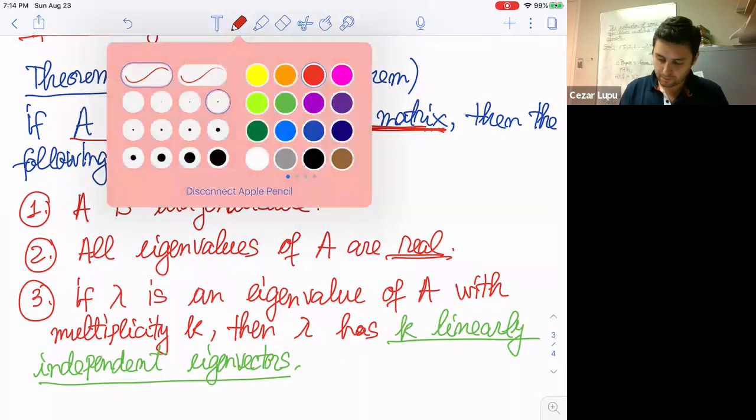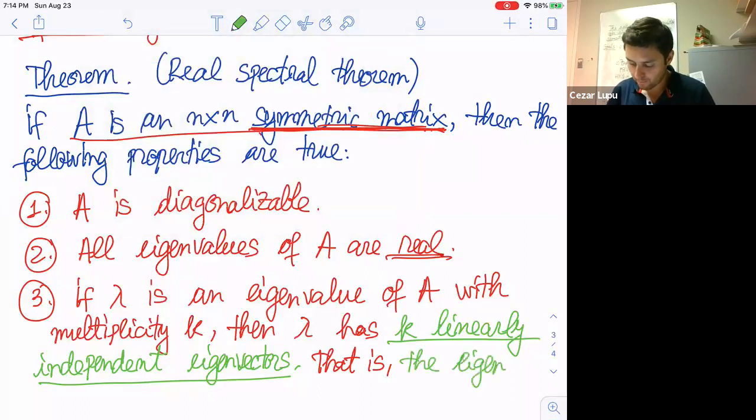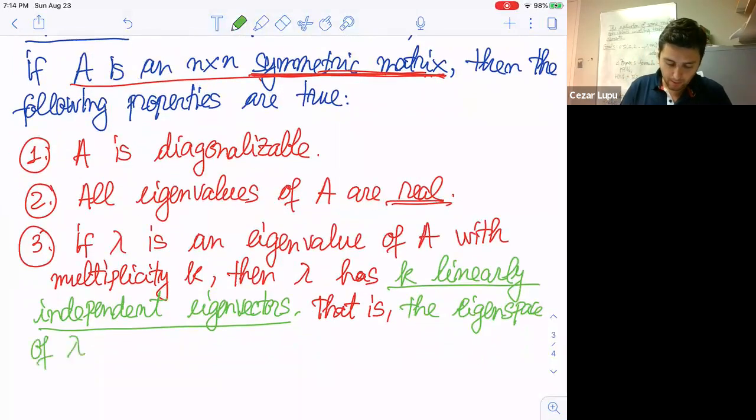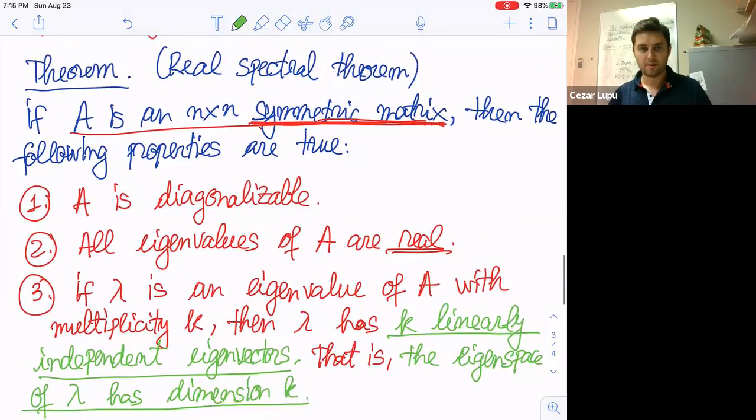Well, that is, the eigenspace of lambda has dimension k. This is very important. This is basically the most important theorem in this course. I'd like you to look at it.